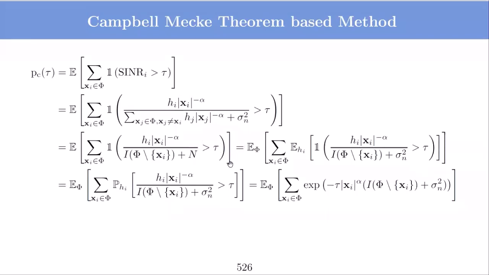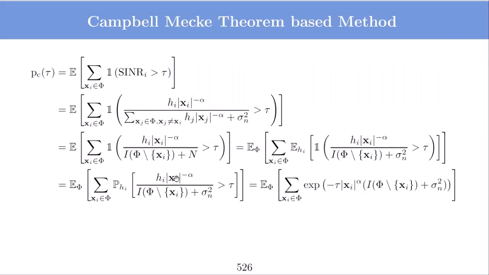Okay, now there is one random variable hi which is independent of the rest, so I can first compute the average with respect to hi. I can take this expectation with respect to hi inside, because they are independent of the points, and also independent of each other. So this indicator becomes the probability that this value is more than tau.